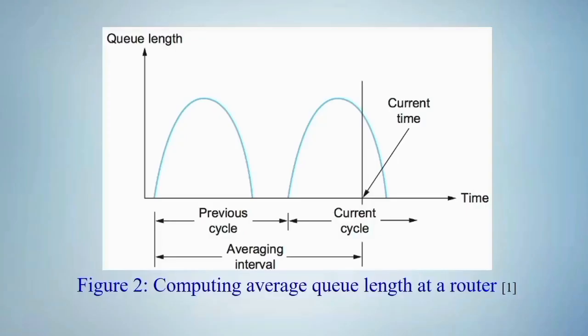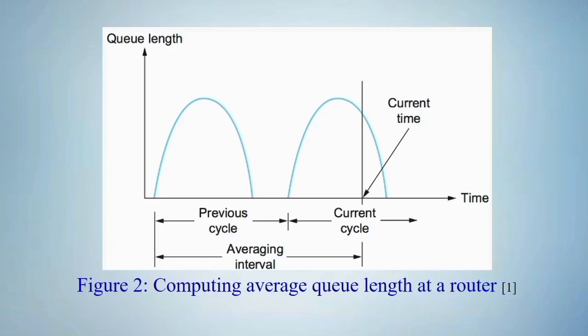Let's describe how to graphically represent the computation of the average queue length at a router in the context of TechBit congestion management. Figure 2 shows the queue length at a router as a function of time.